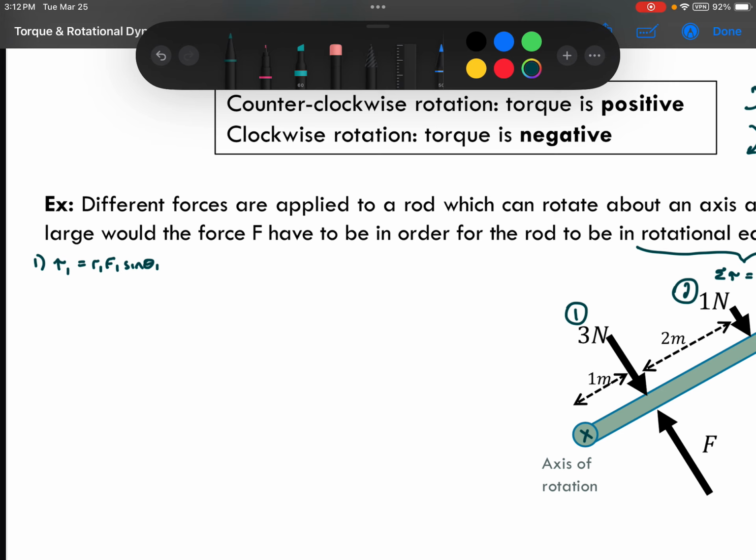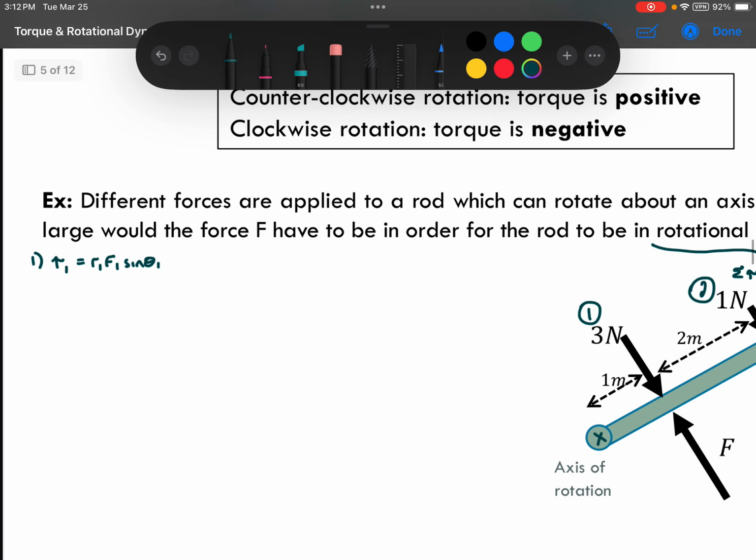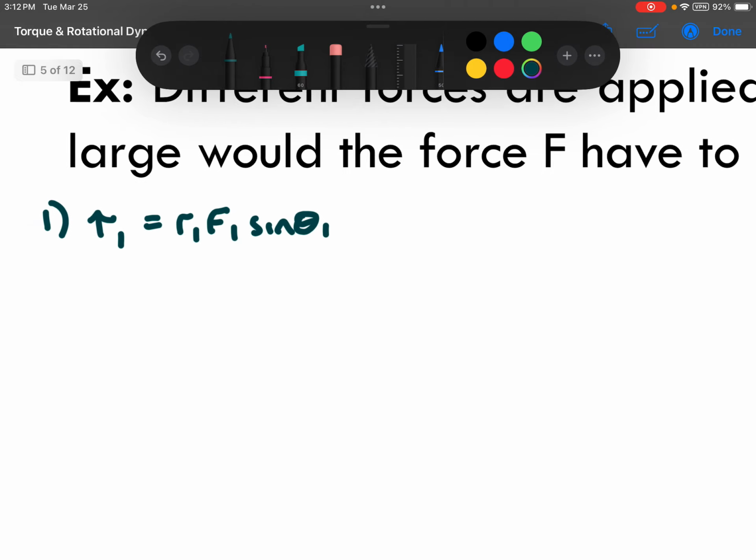We need force 1 itself, and we need the angle between R and F1. And so looking at this, that distance is 1 meter. The force itself is labeled as 3 newtons, and the angle between them, it's not explicit, but this is supposed to be a 90-degree angle.